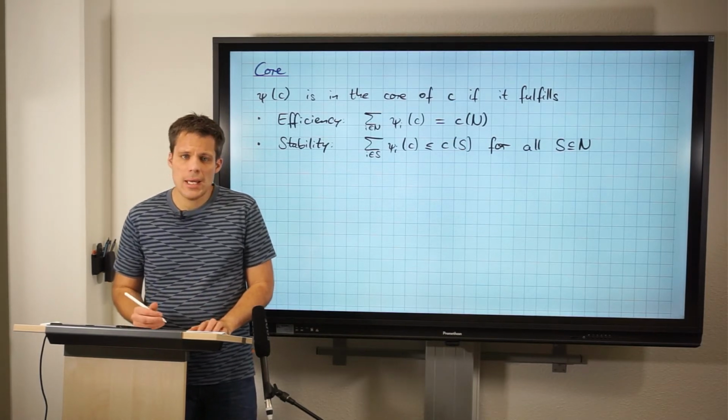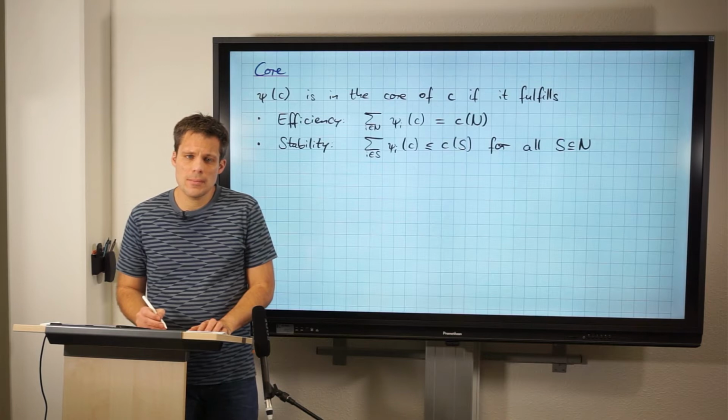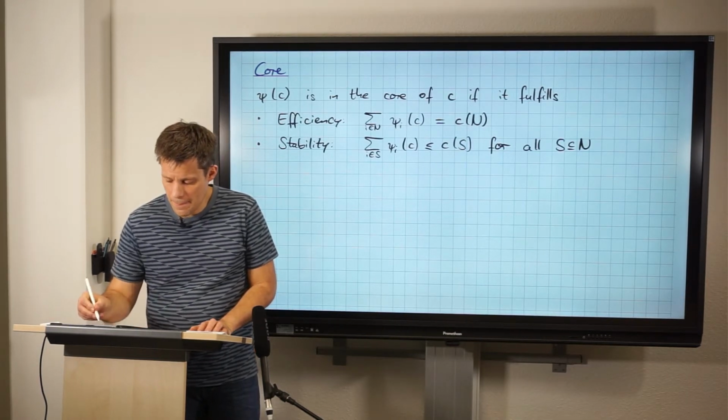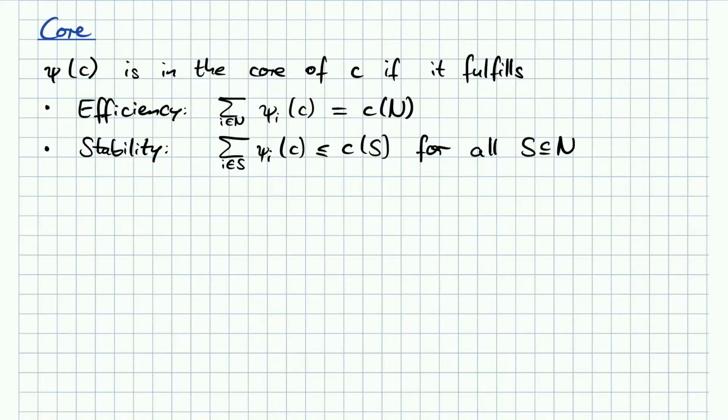Is there a core outcome in our train ticket example? Yes, there is. So we had C of S to be the minimum of 2 times the cardinality of S and 5.